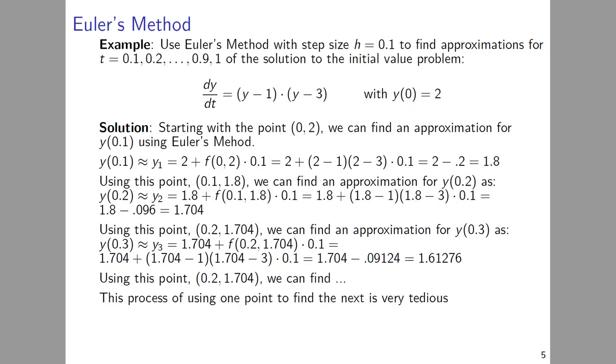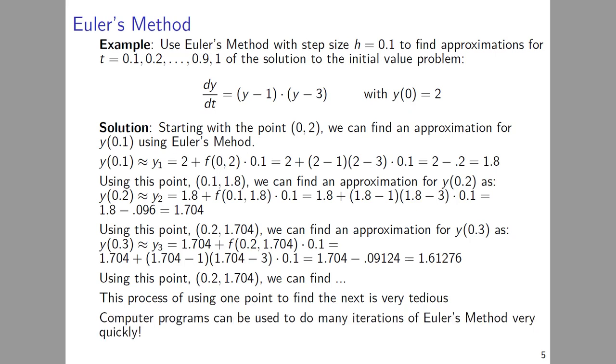But this process of using one point to find the next point is very tedious. So to use Euler's method effectively, we need to do many tedious calculations, where each calculation is not very difficult. This is exactly what computer programs are perfect for. These can be used to do many iterations of Euler's method very quickly.